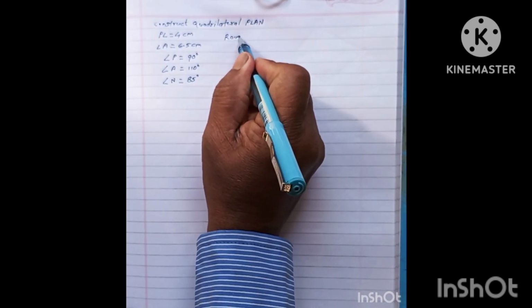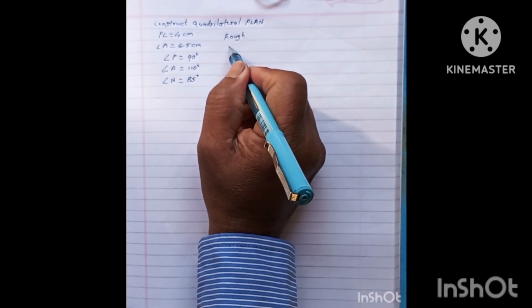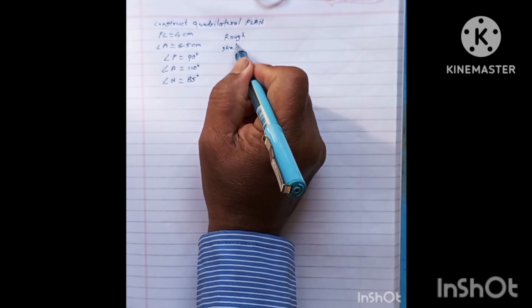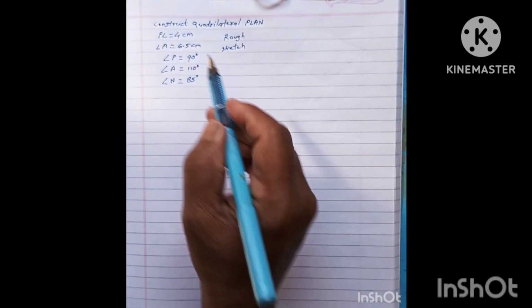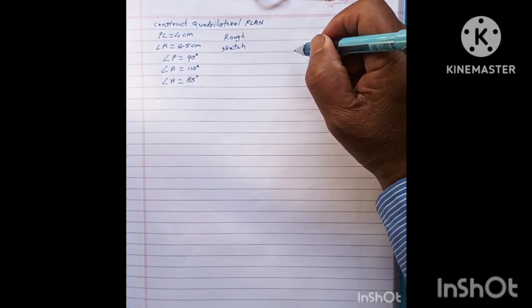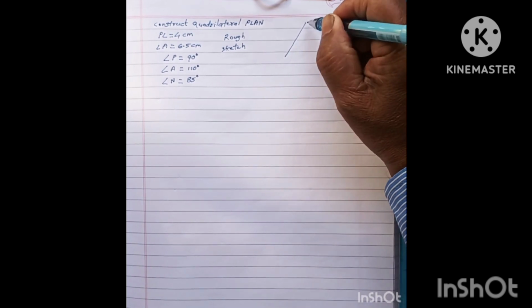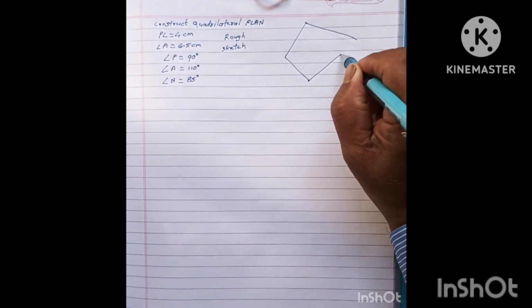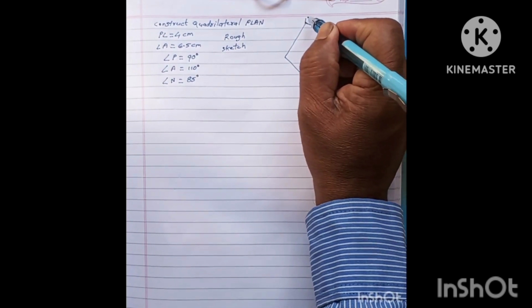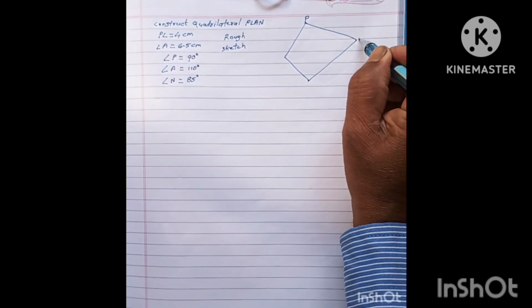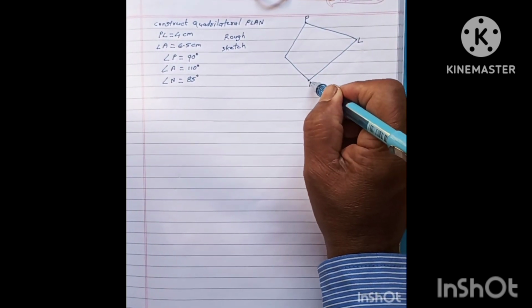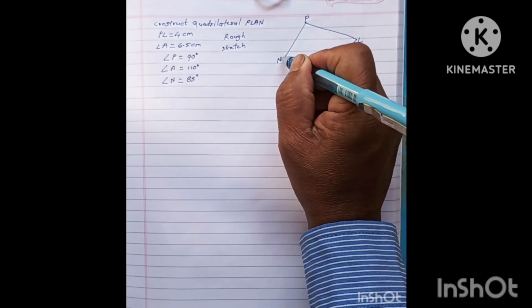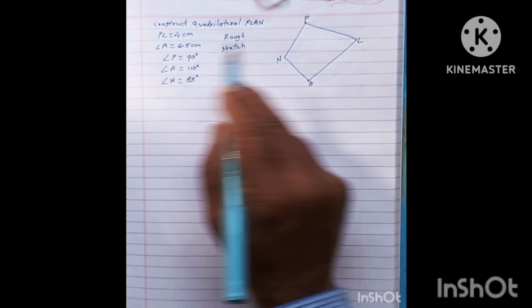We are now trying to construct the quadrilateral where 2 sides and 3 angles are given. Okay, so this is the rough sketch. Any 4 sides, no particular rule, and name the vertices PLAN, and now label these.